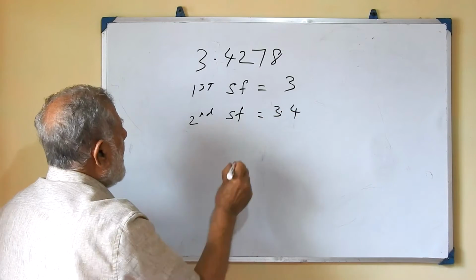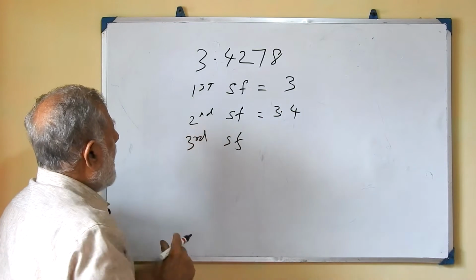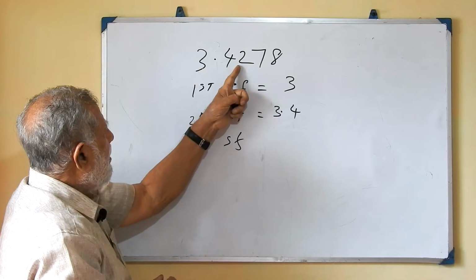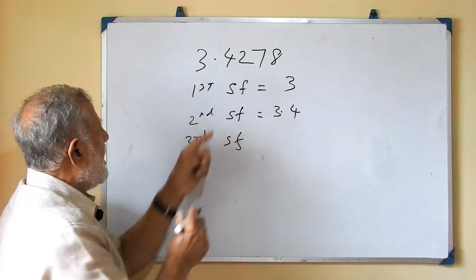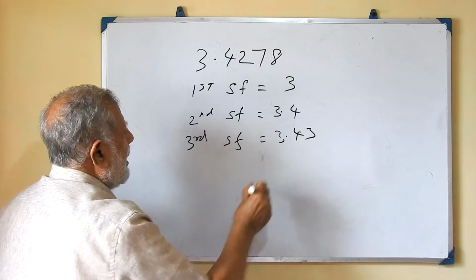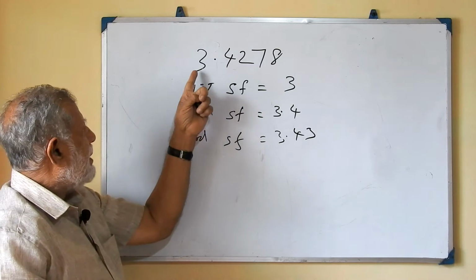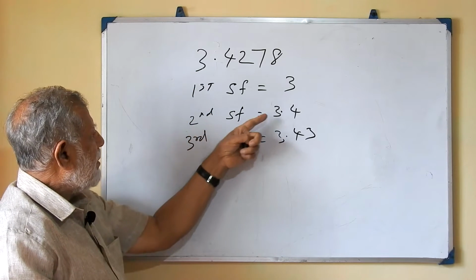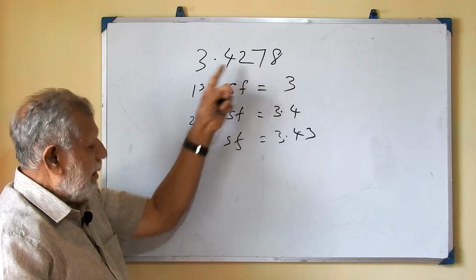The third significant figure will be 3.42, but the next number is 7, so add 1 to this. So 3.43. Like that it goes. So here, the first significant figure is 3, the second is 3.4, the third is 3.43, because you have to add 1 to this.